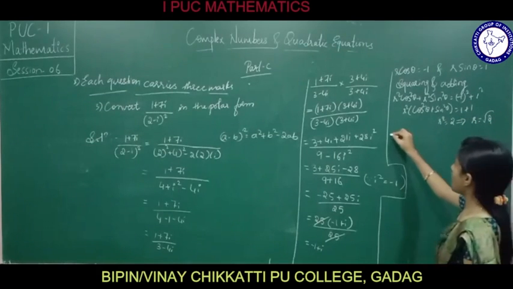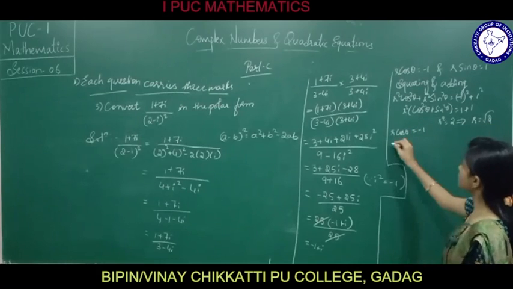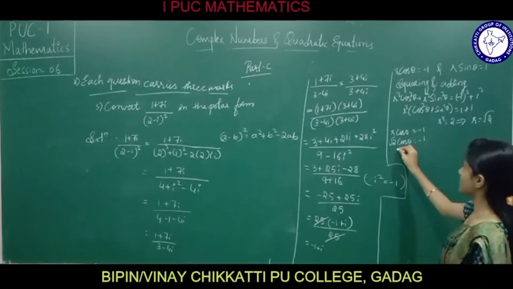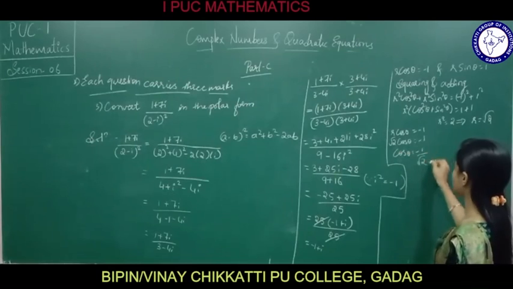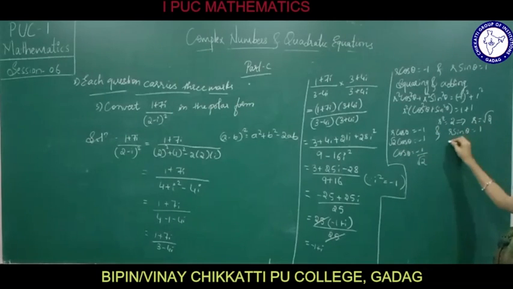Now r cos theta is minus 1. r is root 2. Root 2 cos theta is equal to minus 1. Therefore, cos theta is equal to minus 1 by root 2. And in the same way, r sin theta is 1.